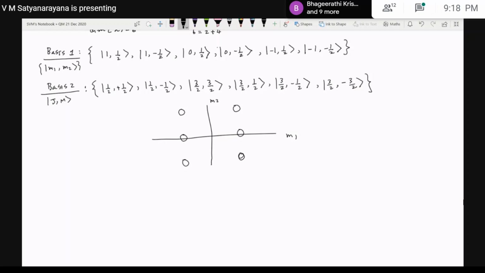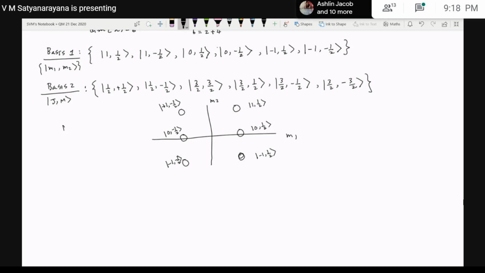So this is 1 comma half, 0 comma half, minus 1 comma half, and, sorry, 1 comma minus half, 0 comma minus half, and minus 1 comma minus half. So these are the things that I am representing basis 1.